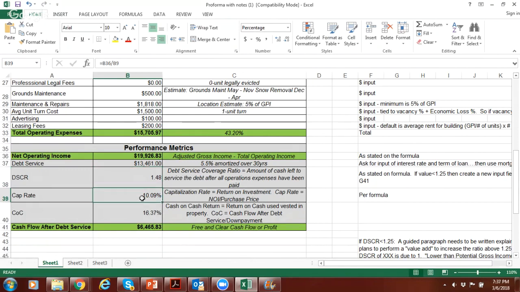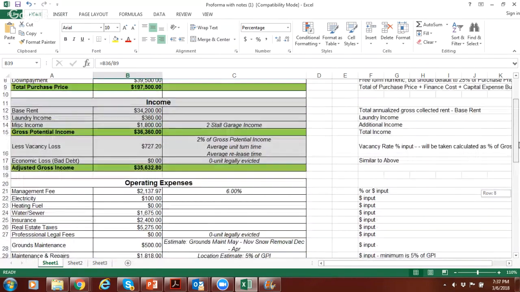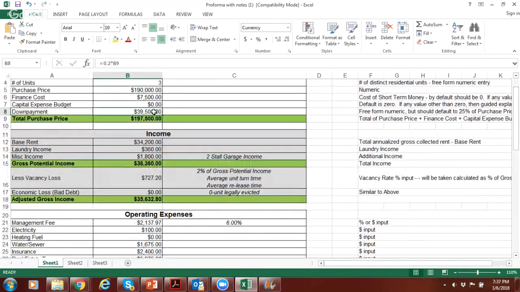Cap rate is the total return on getting involved in this building. This is the capitalization rate, which is your overall return on investment. It's your net operating income divided by your purchase price. And your cash on cash return is the amount of return based on your down payment. In this case, our down payment was 39,000.